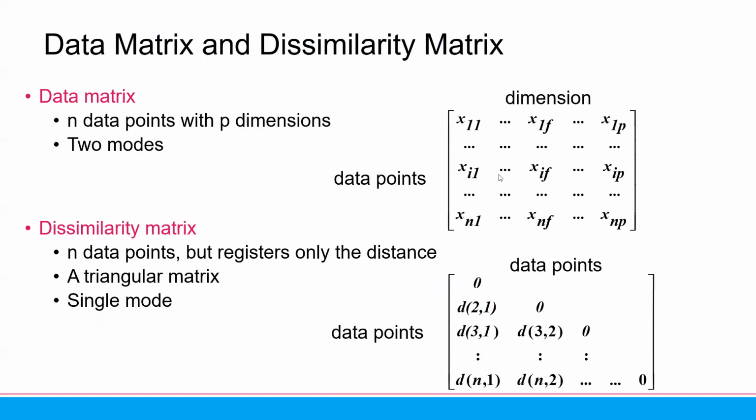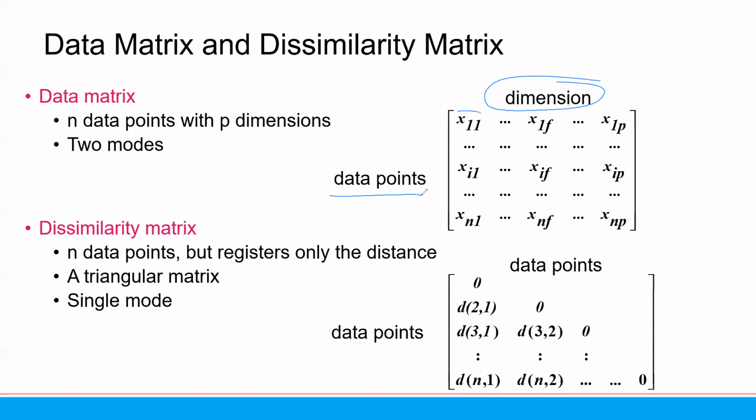We can have a data matrix. The data matrix means we have the points. So we know about dimension. The dimension can be an attribute. It can be a variable. The data point means an example or the instance. Okay.